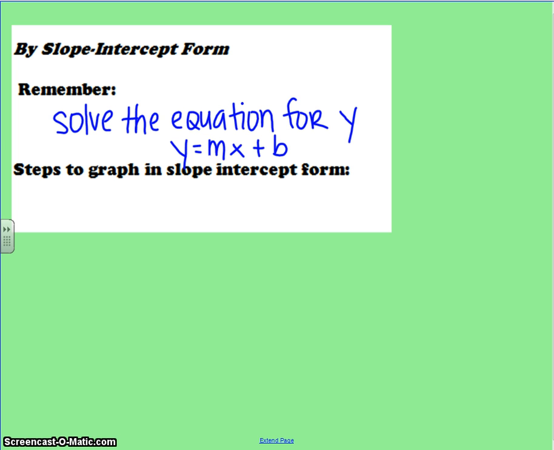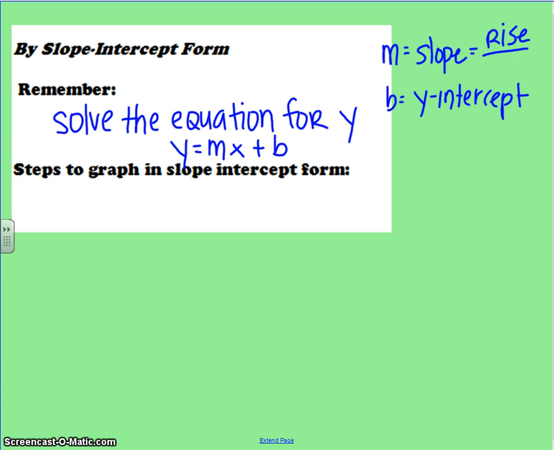And remember, m represents our slope, and b represents our y-intercept. And Ms. Cash is kind enough to remind us that slope is rise over run.